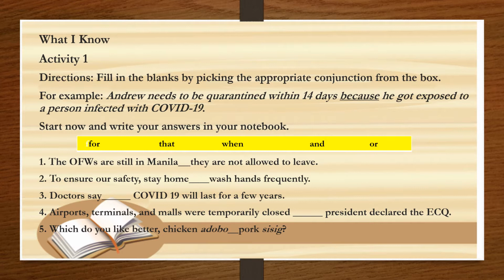Number 4. Airports, terminals, and malls were temporarily closed, blank, the President declared the ECQ. And number 5. Which do you like better? Chicken adobo, blank, pork sisig.